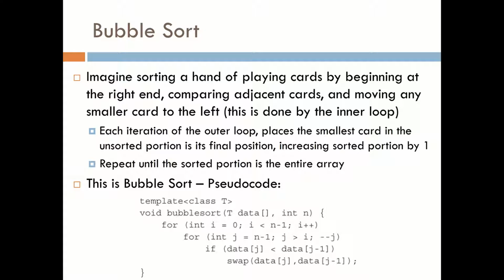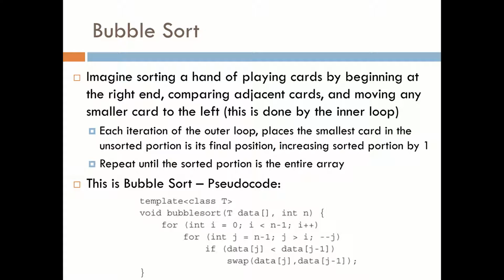The inner loop begins at the end of the array, so it begins at element n minus 1. So all the way to the right of the array or at the bottom of the array, whichever analogy you prefer there. It begins there and it moves all the way until it is one more than i.